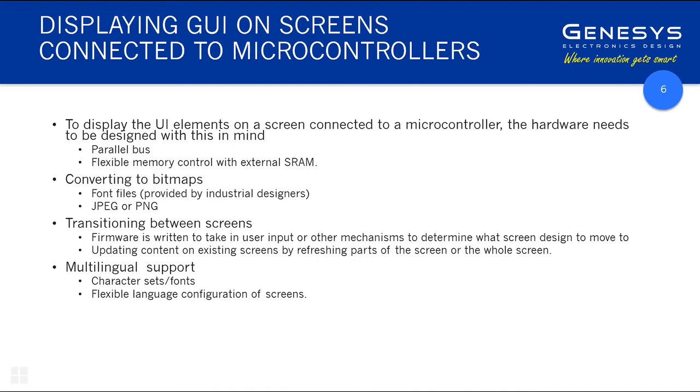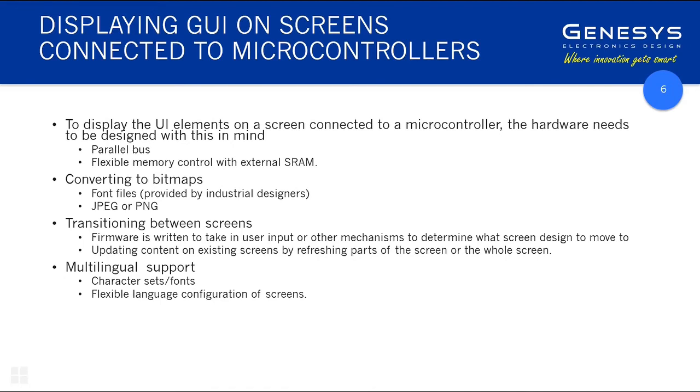All these images, pictures and text have to be converted into bitmaps. We might get a font file or an image from an industrial designer, and as part of the process we have to convert those images into bitmaps and load those bitmaps into our software so we can actually display them. If your microcontroller supports FSMC, which is the flexible memory control, it's a lot more ideal, as it really reduces clock cycle burden and can simplify the design.